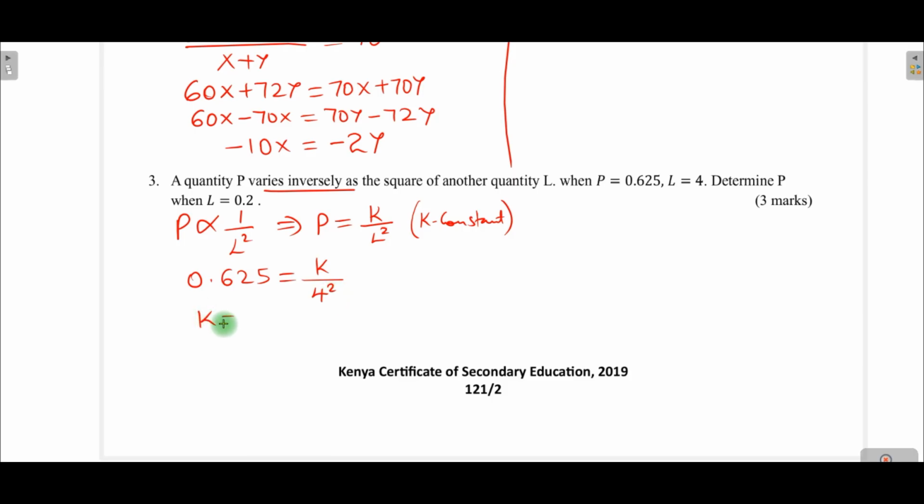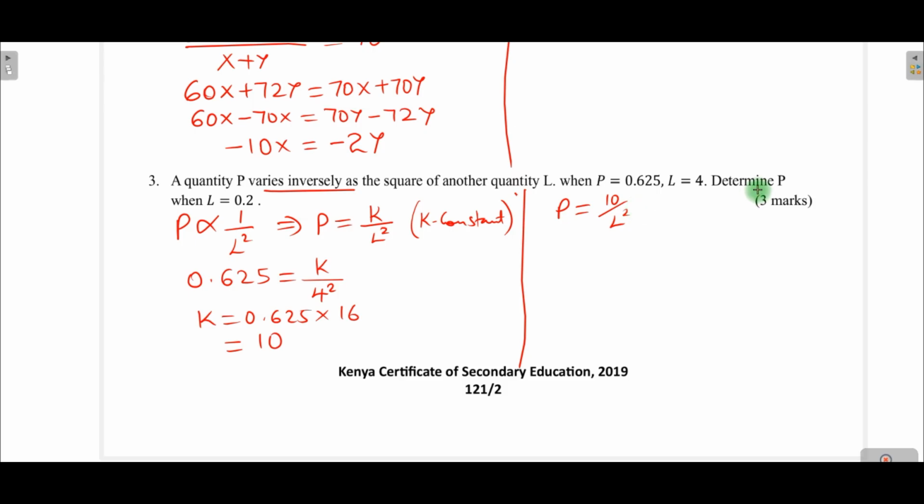Therefore K will be 0.625 times 4 squared, which is 16, and therefore K is 10. So the real equation connecting P and L is P is equal to 10 over L squared. So that is the general equation connecting the two.